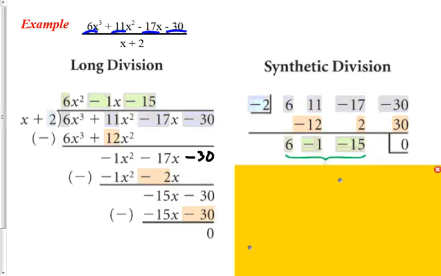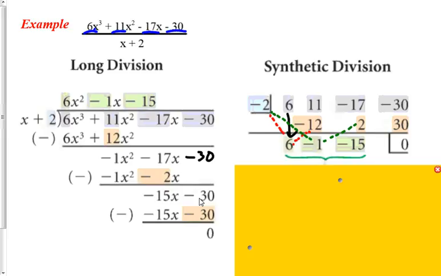After I have these numbers written out, I can begin to do my math. The first thing I must do, bring down the 6. The next step here is to take negative 2 times 6, and that equals negative 12. Now I'll look at 11 plus negative 12, and that is equal to negative 1. So now I will take negative 2, multiply it by that negative 1, and that equals 2.